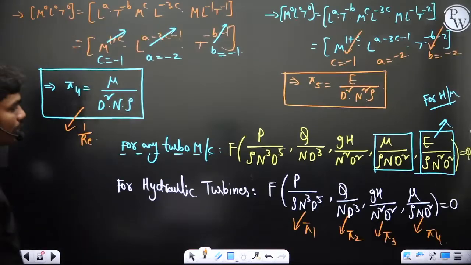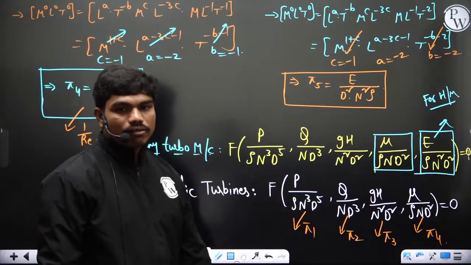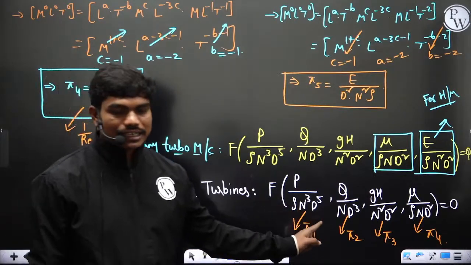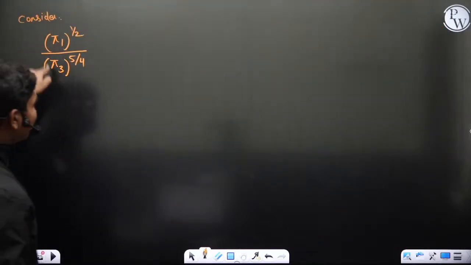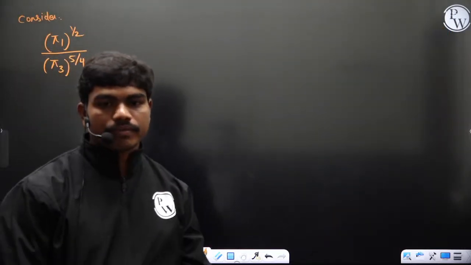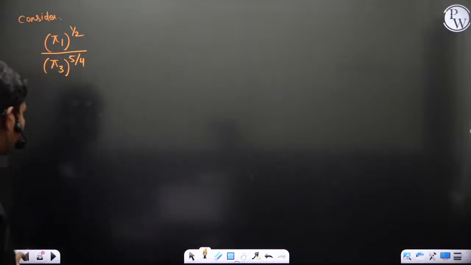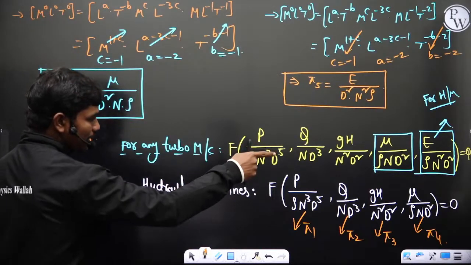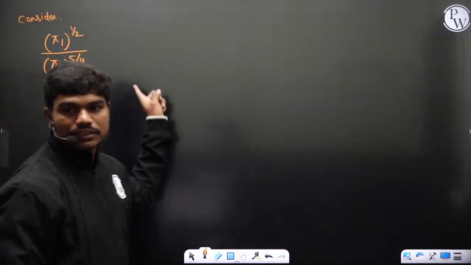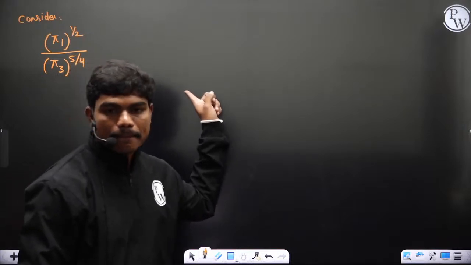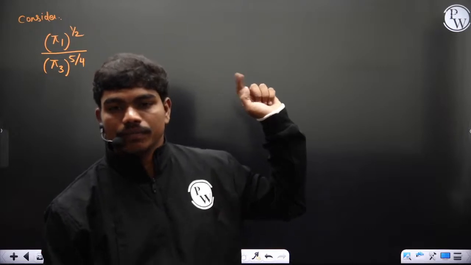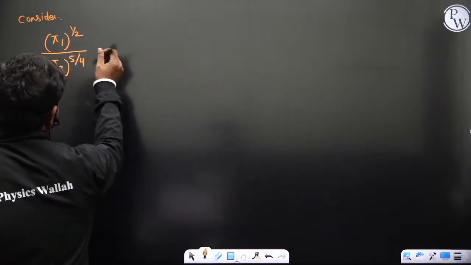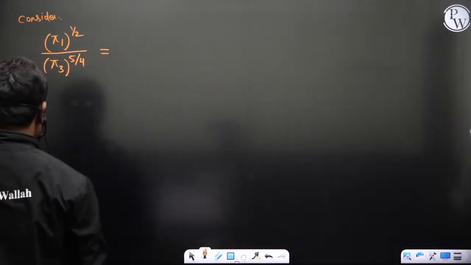If pi 1 is dimensionless and pi 3 is also dimensionless, then will this quantity have any dimensions? No, correct. But if you try to understand carefully, you can find something interesting here.